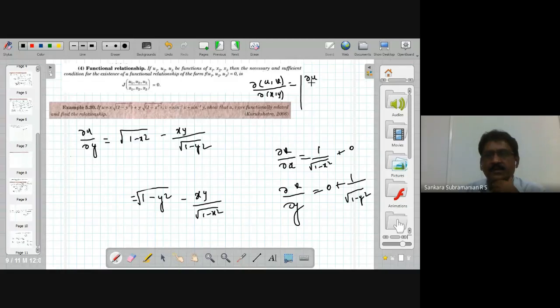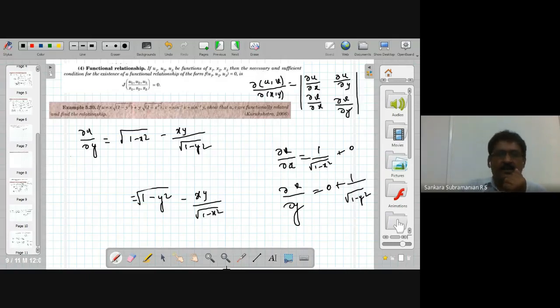This I know is dou u by dou x and dou u by dou y. Then the second row we have second variable v, dou v by dou x, dou v by dou y. So you'll be getting, are you getting 0?